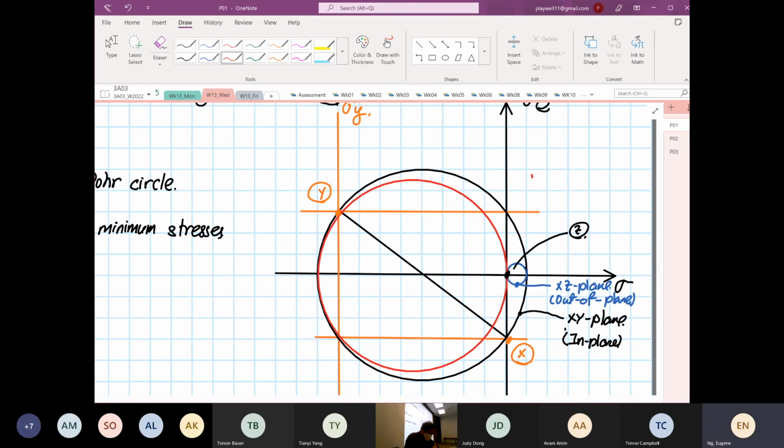And then finally, you have your YZ plane. This is your out of plane. Okay. So we know the in plane, which is your stress A and stress B, are on your in plane, XY plane.